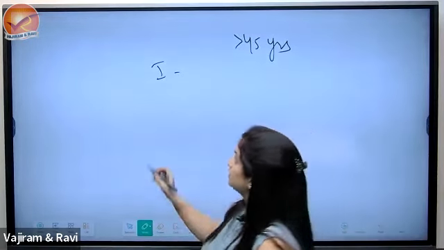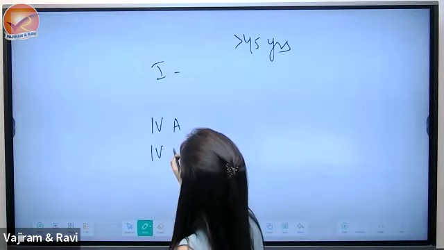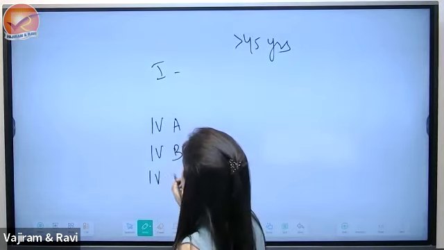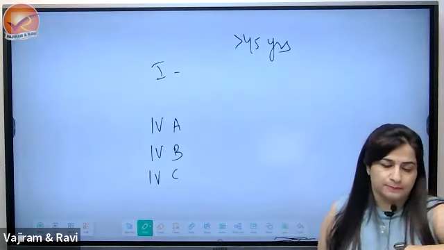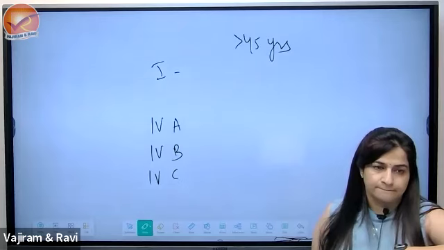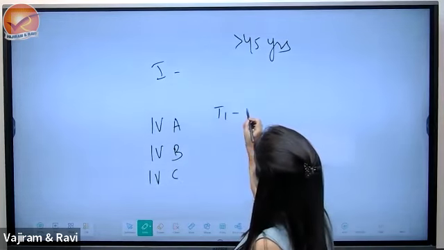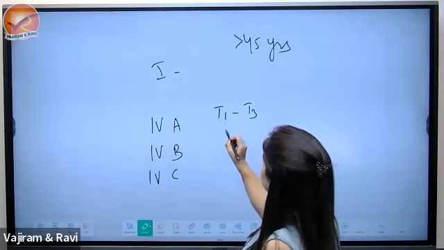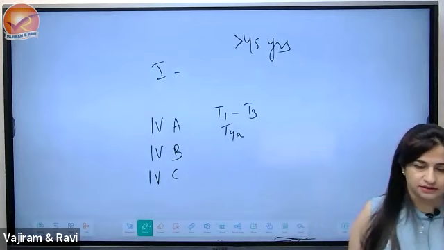Now we have stage 4A, 4B and 4C. In 4A, first you write down T1 to T3 and then T4A. 2 parts are there.